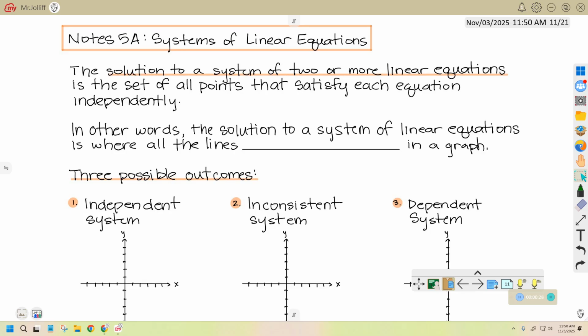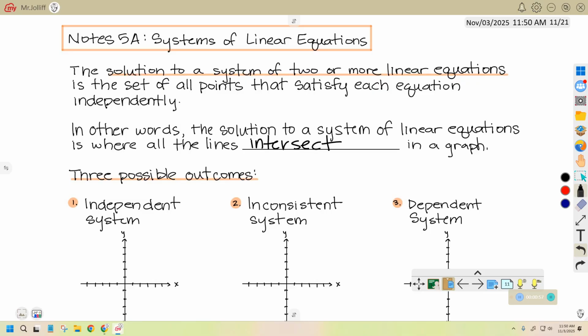And a solution to a system of two or more linear equations is the set of all points that satisfy each equation independently. That's the big fancy formal pre-cal definition. In other words, slightly less scary words, the solution to a system of linear equations is where all of the lines intersect in a graph.